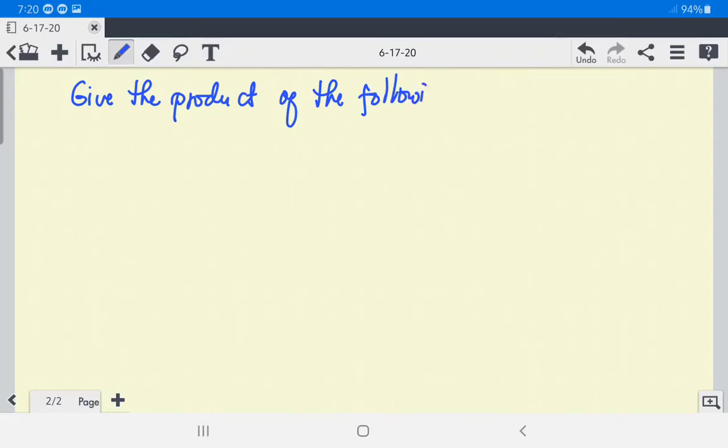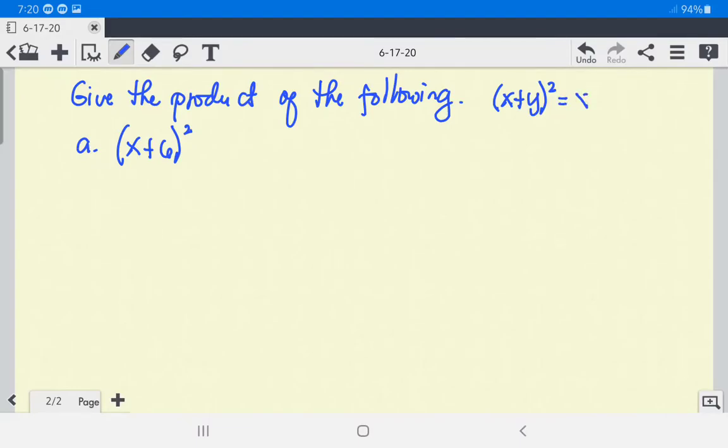Okay, let us have some examples. Give the product of the following. Let's say letter A, we have x plus 6 squared. So again, we're going to make use of the concept of squaring a binomial, x plus y squared.